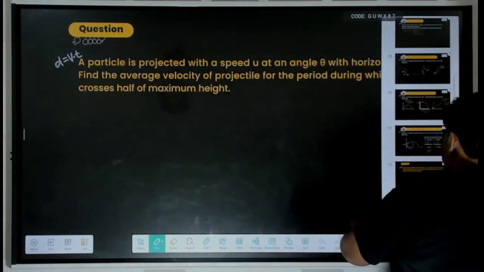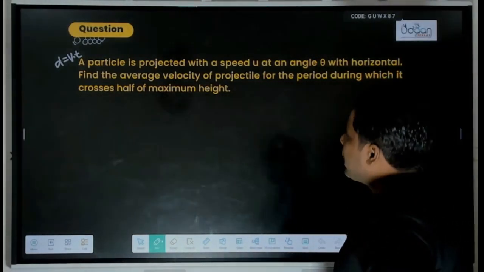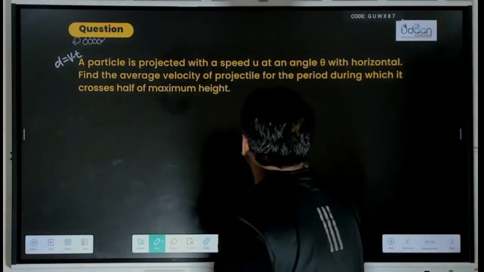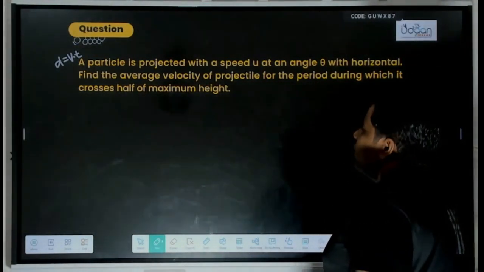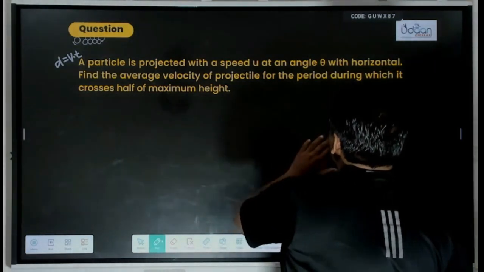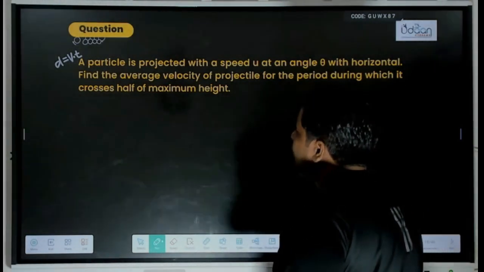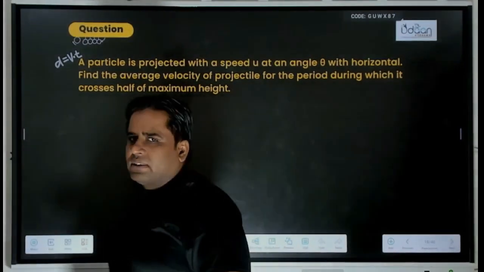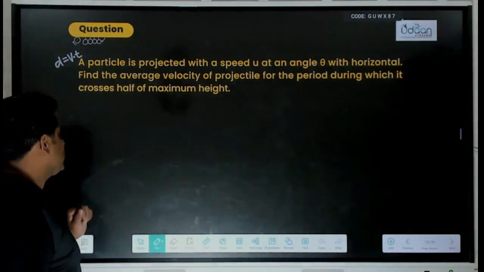Here it is. The question is: a particle is projected with a speed u at an angle theta with the horizontal. Find the average velocity of the projectile for the period during which it crosses half of the maximum height. See students, what does it mean?